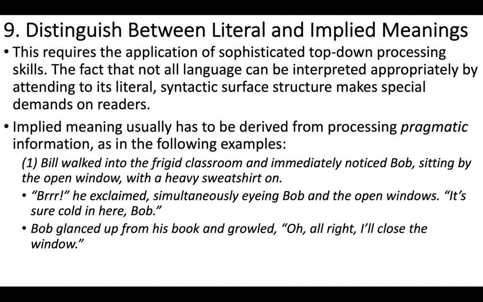The first example is: Bill walked into a frigid classroom and immediately noticed Bob sitting by the open window with a heavy sweatshirt on. All right, a sweatshirt is like a jersey. "Brr," he exclaimed, simultaneously eyeing Bob and the open window. "It's sure cold in here, Bob."